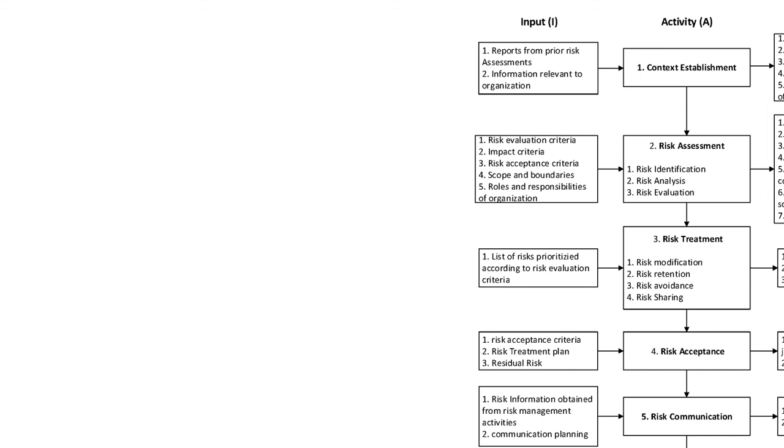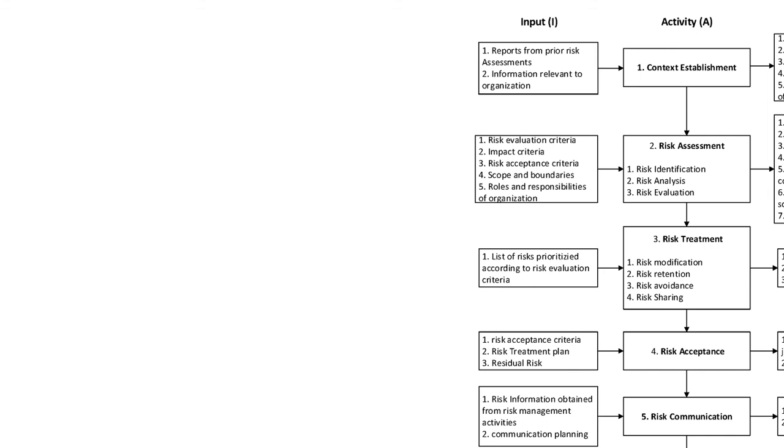That's why I have this diagram, where you can see that the activity from the previous framework is defined in the middle, and on the left-hand side we have some input, and on the right-hand side we have output. It means that on the left-hand side I mentioned all the important information that we need as an input to carry out this activity, and once we conduct this activity, we are going to produce these things as an output.